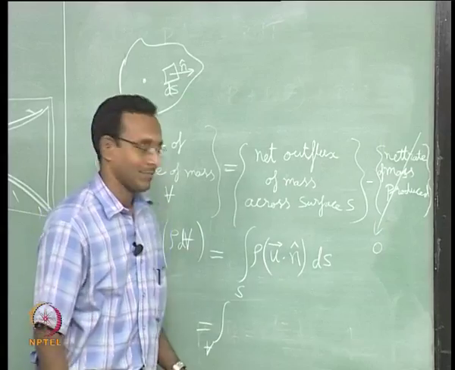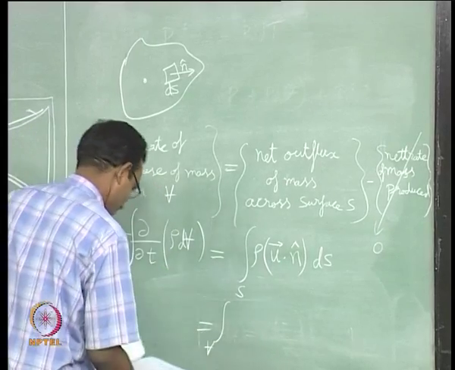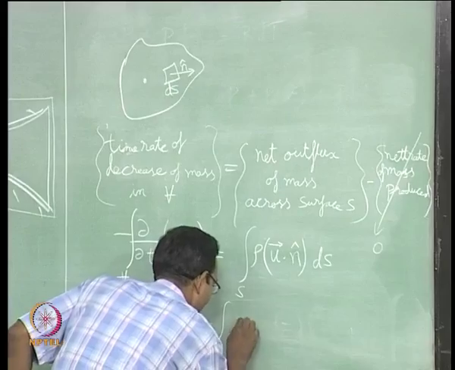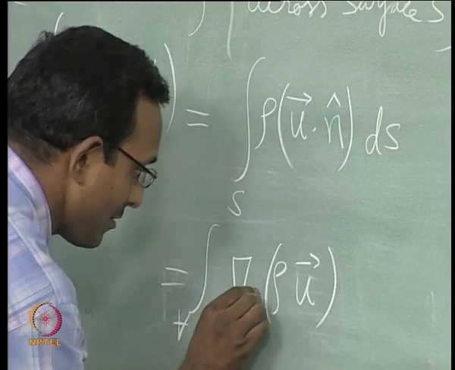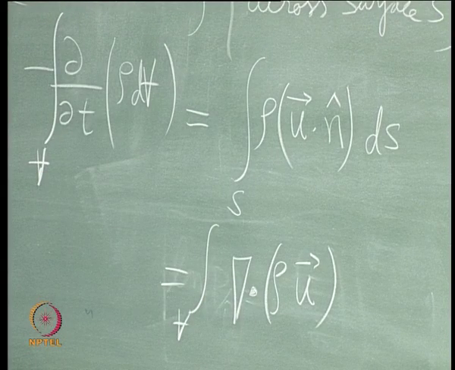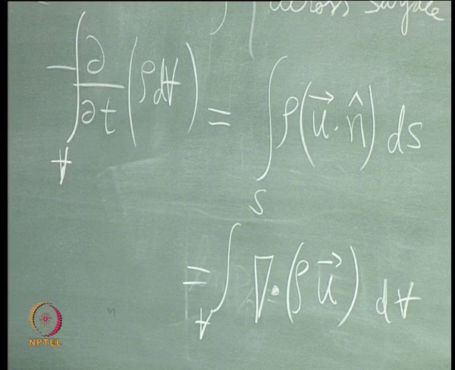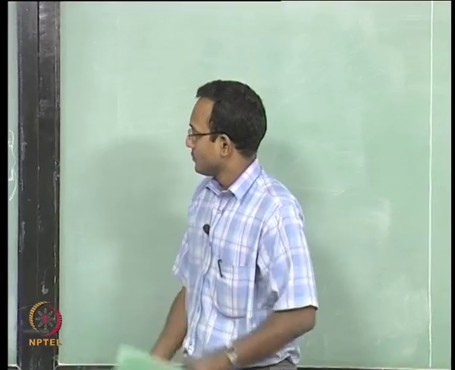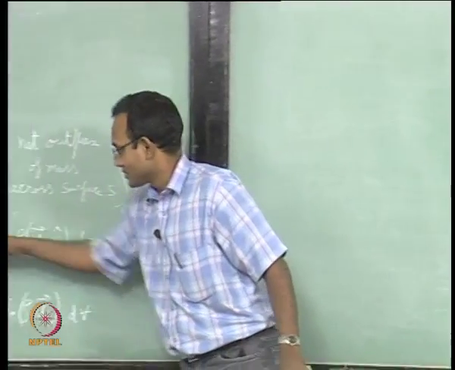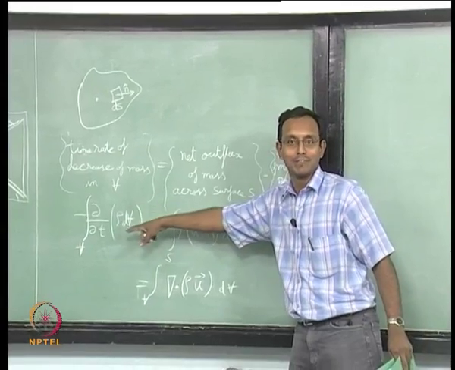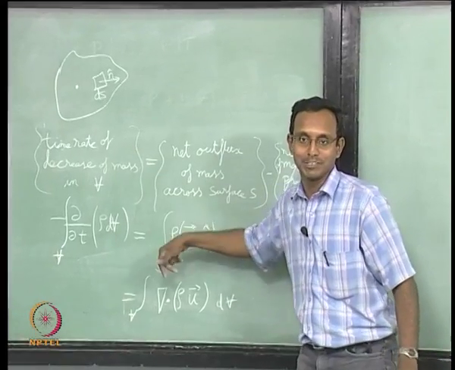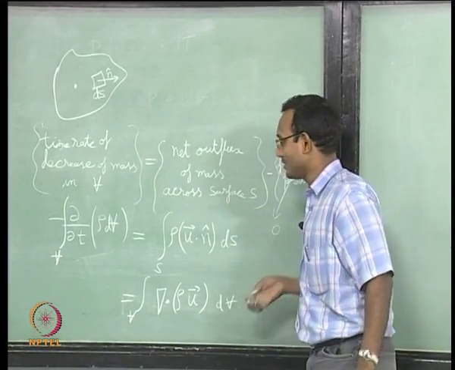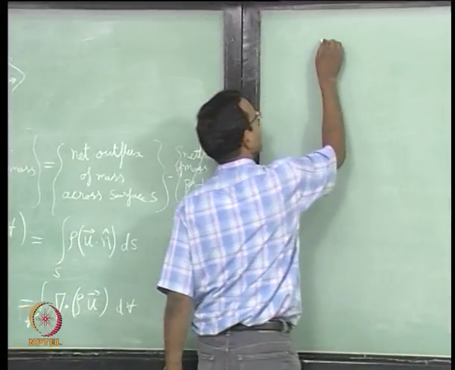I will write that in the mathematical way. It is del dot rho u, that is your divergence term. We get to this form. Now it is easier to look at this expression, they are all integrals over the full volume dV. So, I will combine these two, take both expressions to one side, make it equal to 0 and look at it, which we will write here.